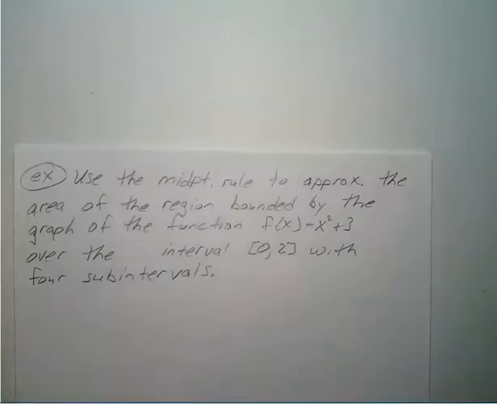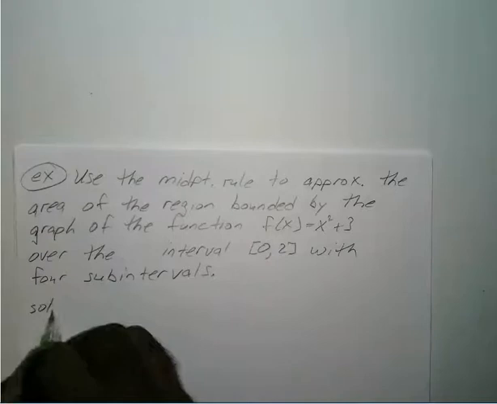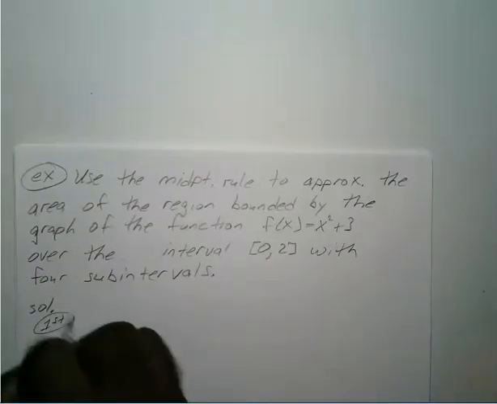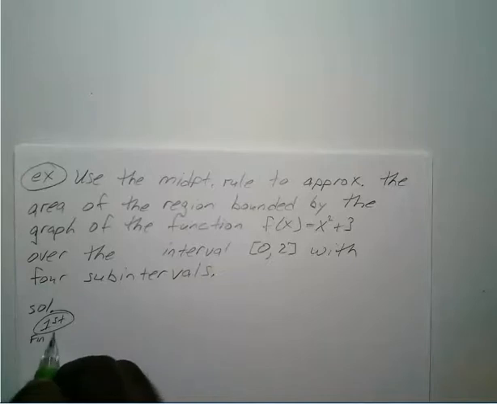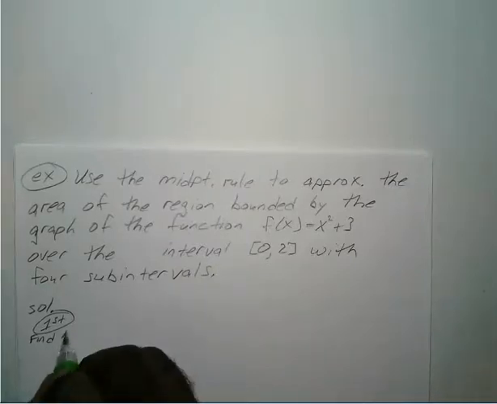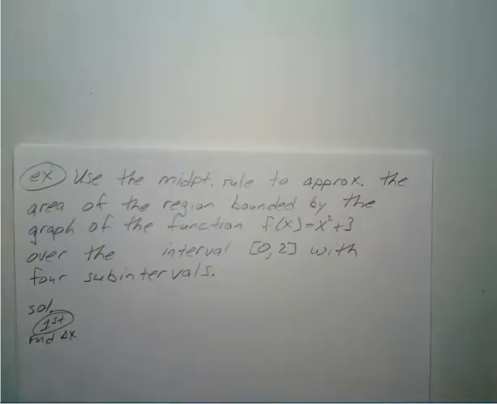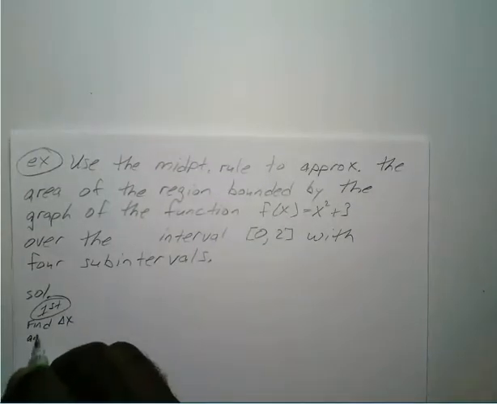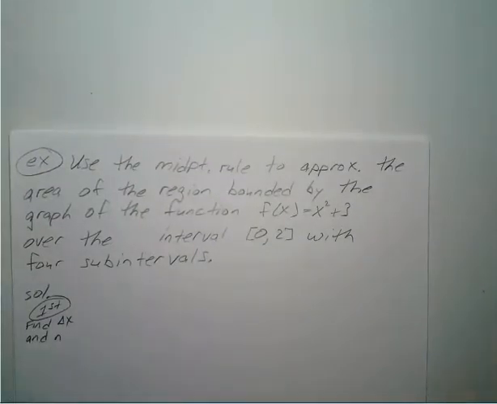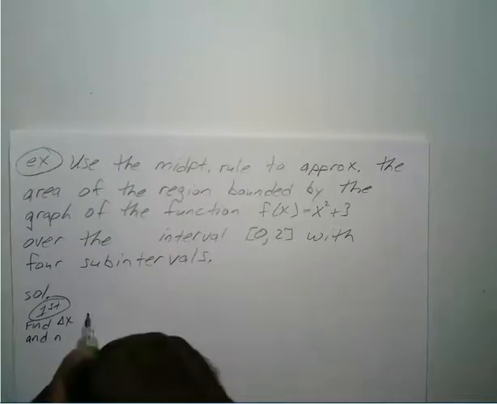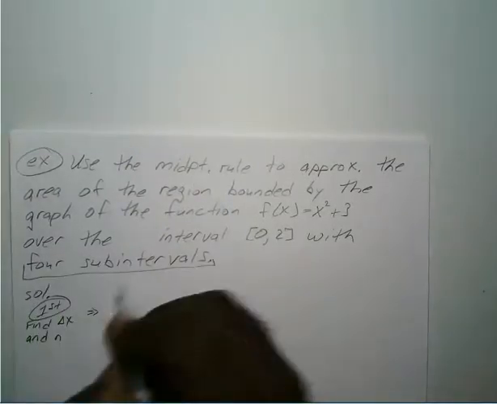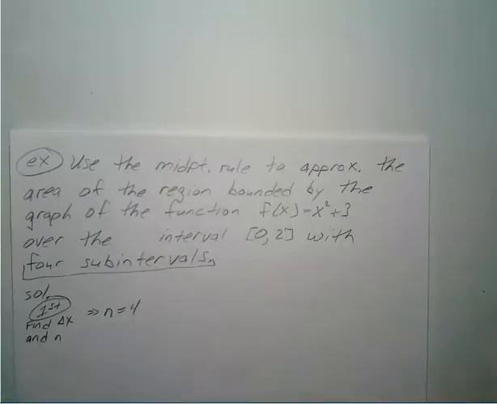Just like before when we did the left and right endpoints, your first step is going to be to find your delta x, and whenever they tell you how many subintervals, you're going to find your n also. Just the fact that they told us 4 subintervals, we know that n is equal to 4.